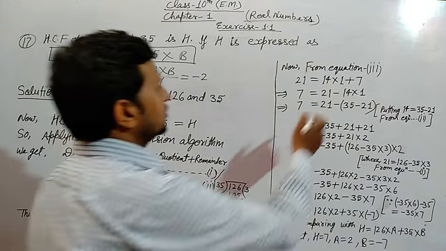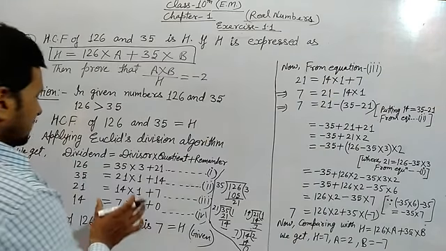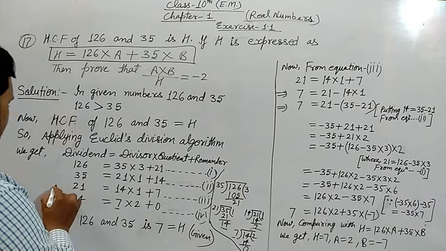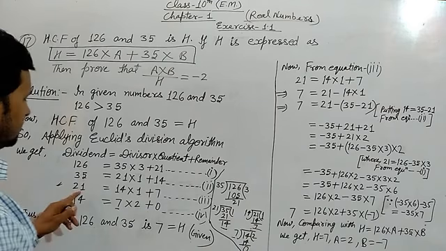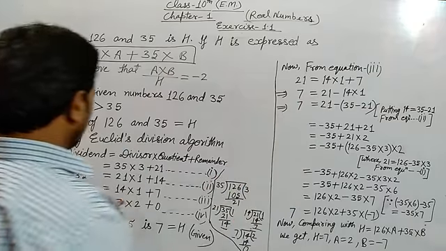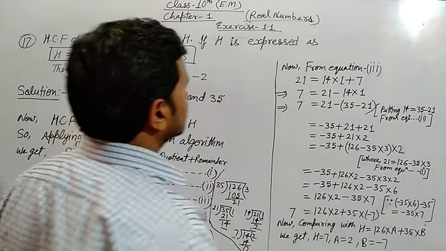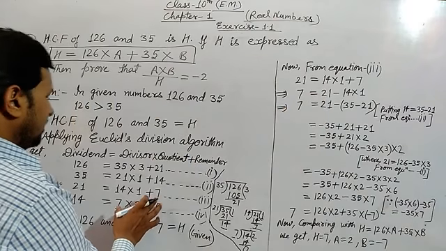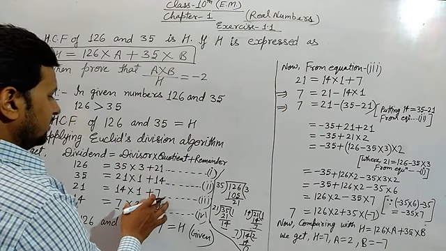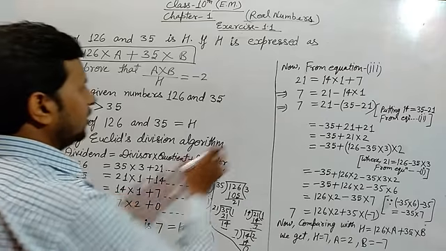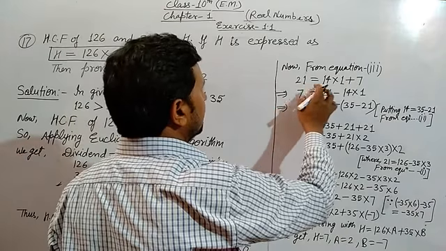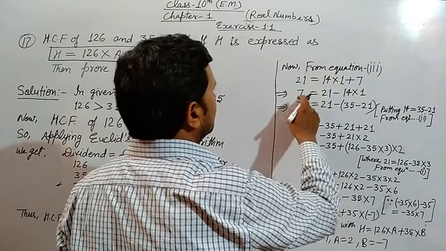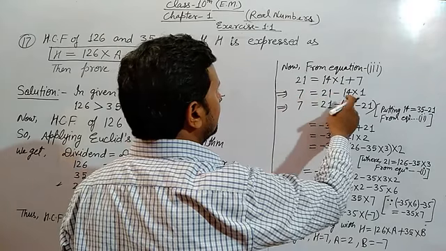Now from equation third. Where is equation third? This is equation third: 21 is equal to 14 into 1 plus 7. Why did we select this? Because we have to find remainder 7. Now 7 is equal to how much? From this equation, 7 is equal to 21 minus 14 into 1.